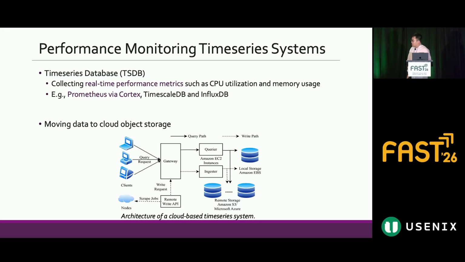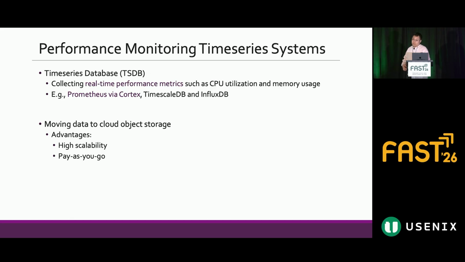As shown in this typical architecture, now we try to move both the query and ingestors to the cloud-based server, and we move the data to the cloud object storage, such as Amazon S3 or Google's cloud object storage.